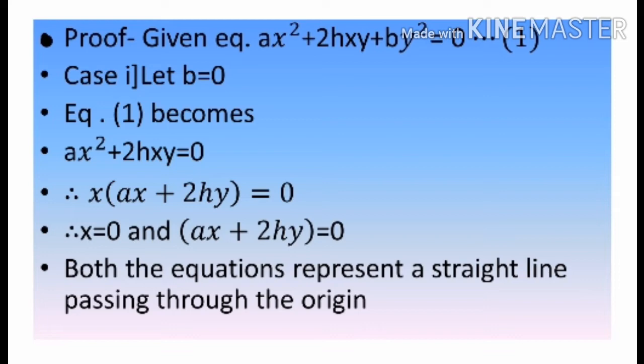Now we get these two separate lines and they pass through the origin, because x equal to 0 is the equation of the y-axis and it passes through the origin, and in the equation ax plus 2hy equal to 0 the separate constant is absent, or you can reduce it to the form y equal to mx. Therefore, it also passes through the origin. Therefore, these two lines pass through the origin.